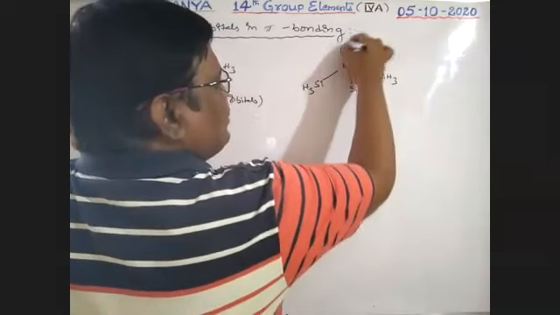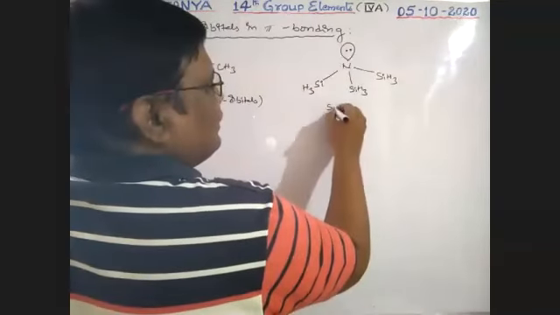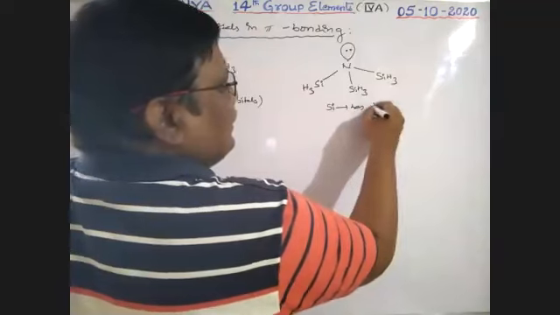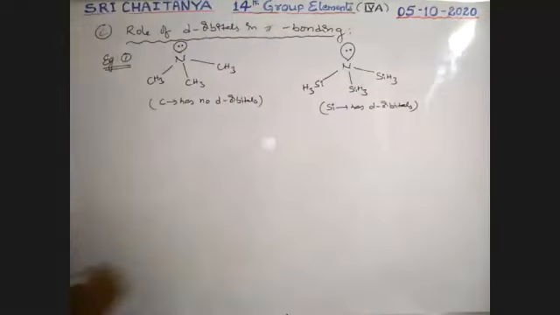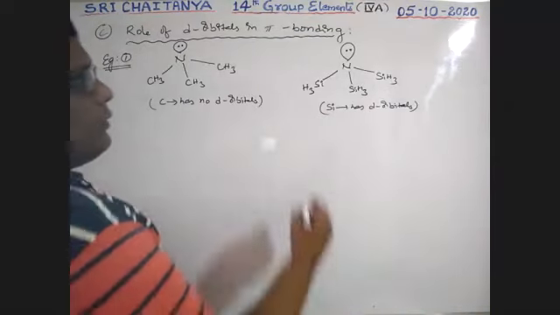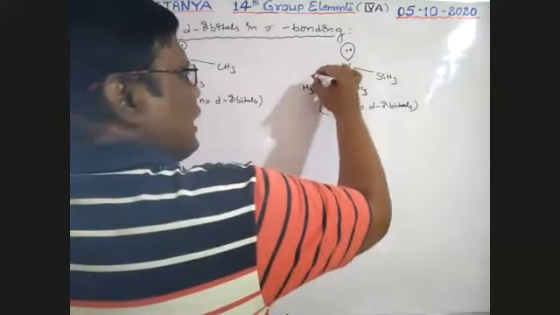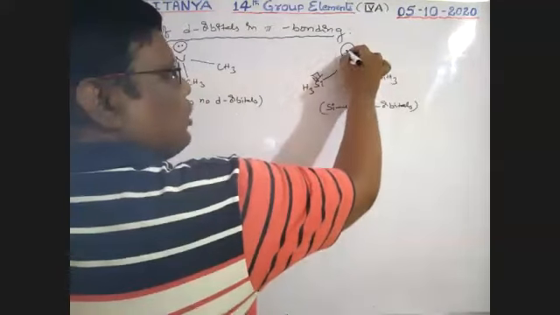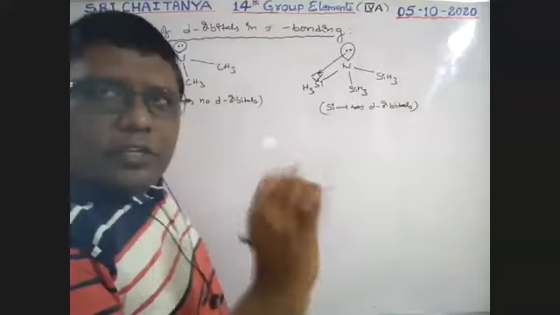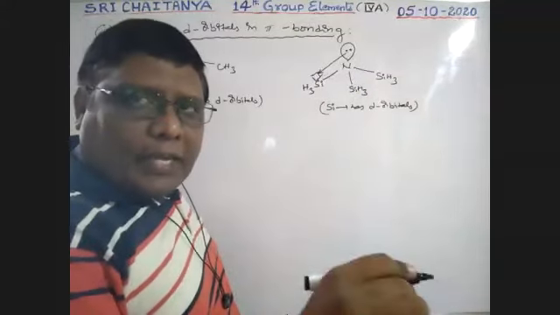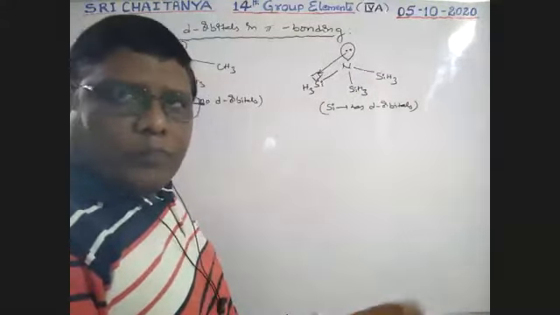Here also nitrogen has a lone pair. Here silicon has d orbitals, carbon has no d orbitals. So here silicon has an empty d orbital, boys. This lone pair is donated to this one. Back bonding is possible, nitrogen to silicon. Because of this, the entire structure is deviated.